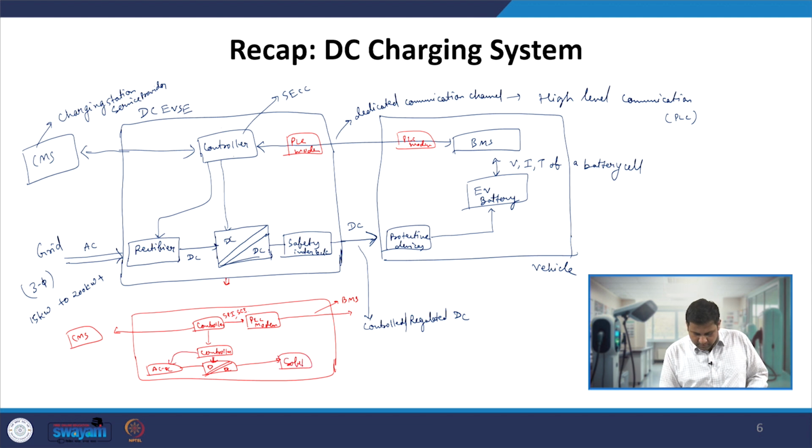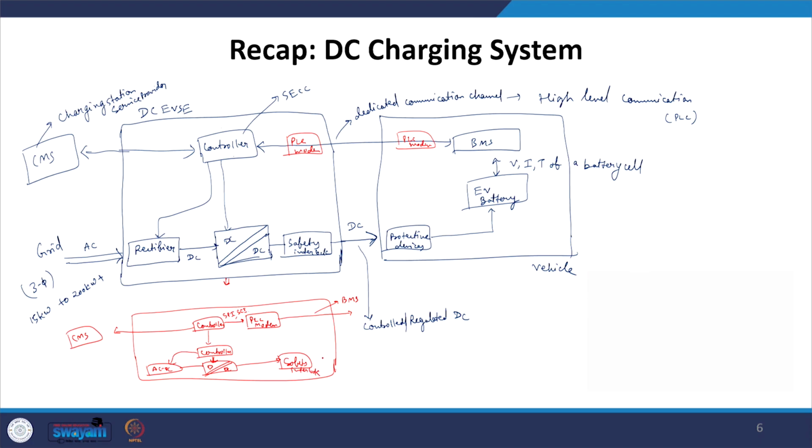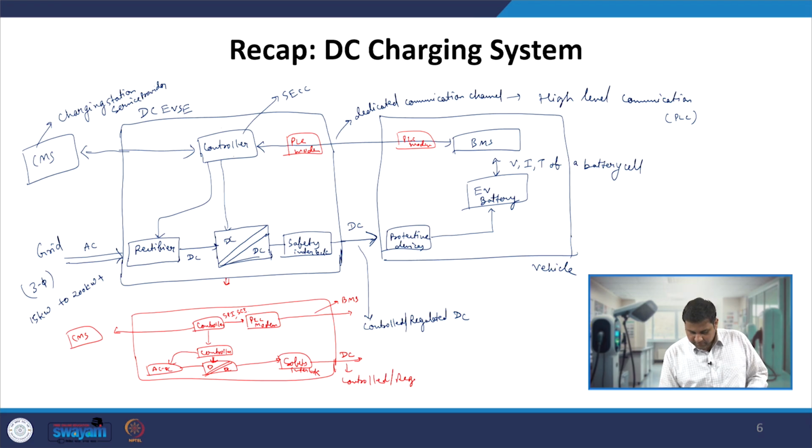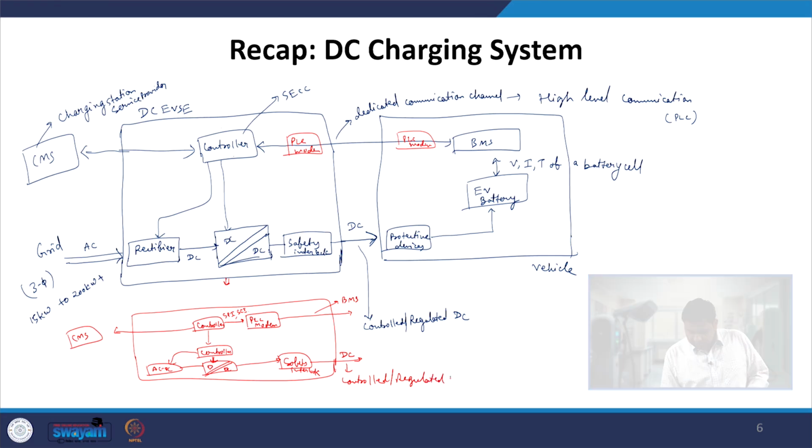These safety interlocks could be relays, contactors, or an RCD, the residual current detection device. Many things could be there for protection and safety, and you are feeding controlled or regulated DC directly into the vehicle. So, this is the multi-layer controller structure one can have.